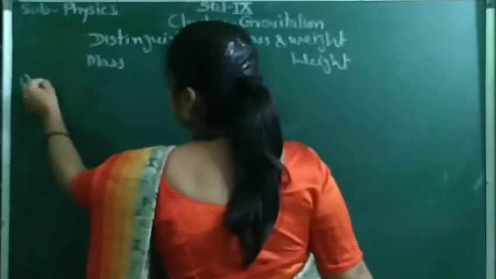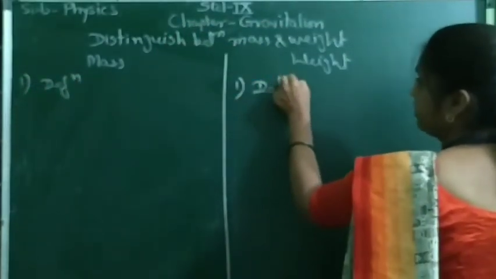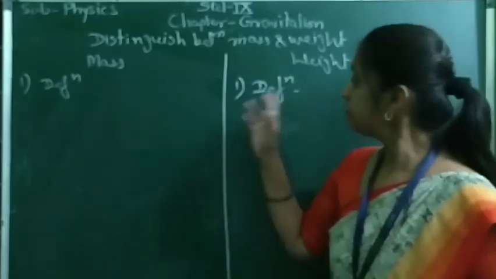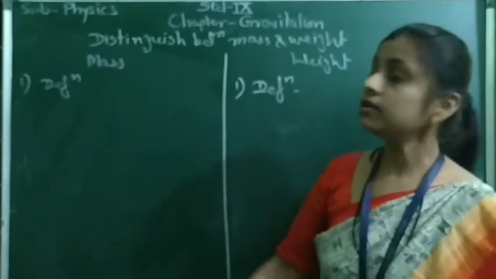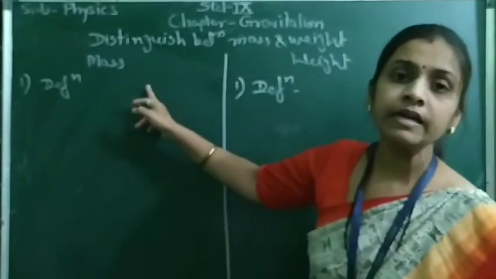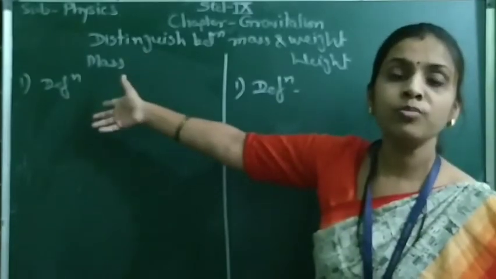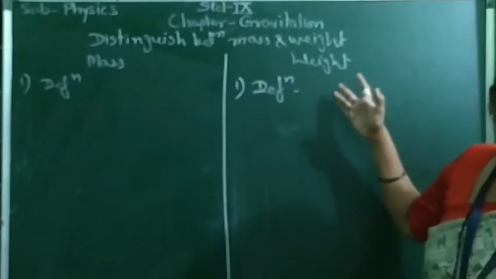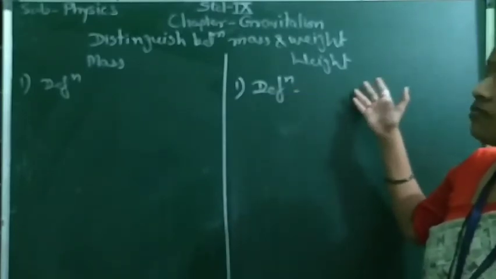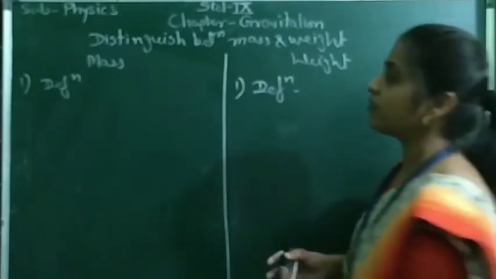So the first point is regarding the definition. What is the definition of mass? Mass is nothing but the quantity of matter contained in the object or contained in the body, regardless of the volume or the force applied on it. And what is weight? Weight of an object is the force with which it is attracted towards the earth. That is called the weight of an object.